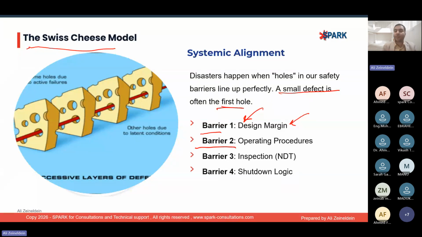Barrier number 2 is operating procedure. By the way, operating procedure should be based on, or we can say it should include, the integrity operating window. Any operating procedure should recognize the integrity operating window. Why?